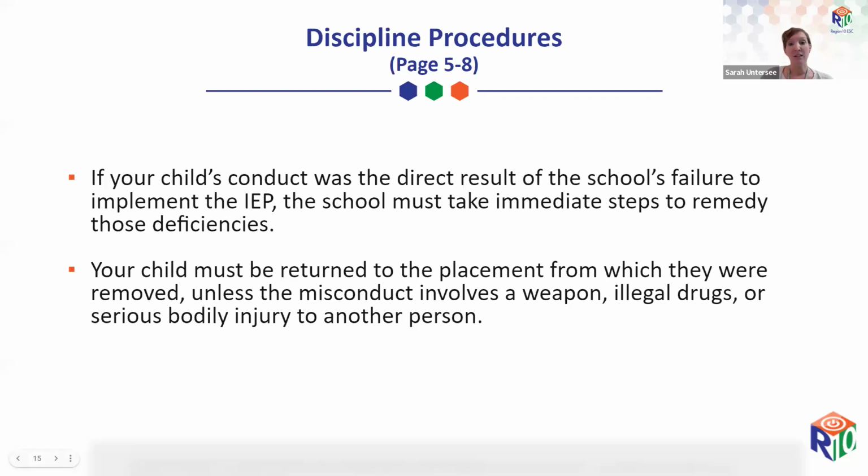If your child's conduct was the direct result of the school's failure to implement the IEP, then the school must take immediate steps to remedy those deficiencies. Your child must be returned to the placement from which they were removed, unless the misconduct involves a weapon, illegal drugs, or serious bodily injury to another person.